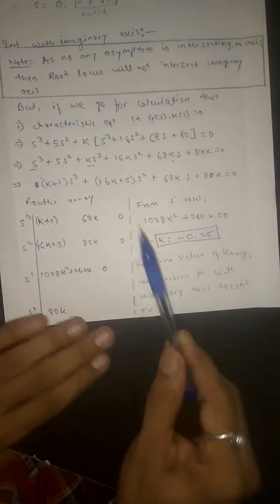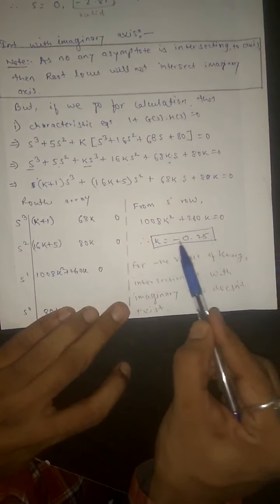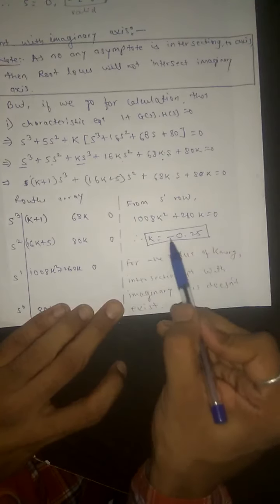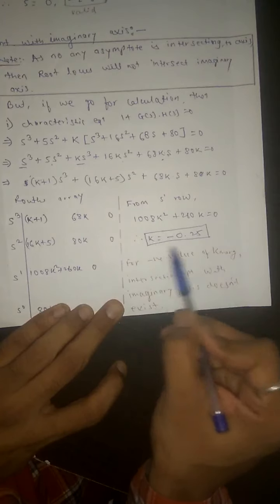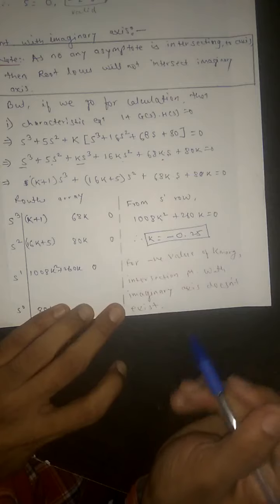Here for this numerical I got this value as -0.25. K marginal can't be negative, so for a negative value there will be no intersection point with the imaginary axis.